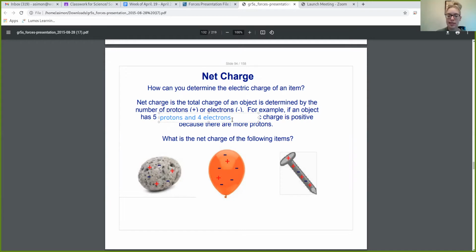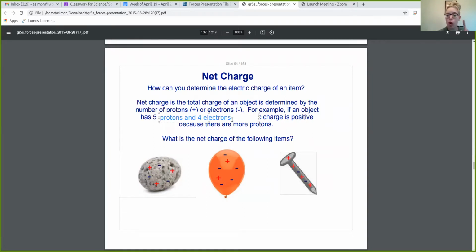So let's look at this a little bit deeper. How much more positive is that object? Well, if I have 5 protons, 5 positive, and 4 electrons, 4 negative, then my net charge is going to be positive 1. Why?